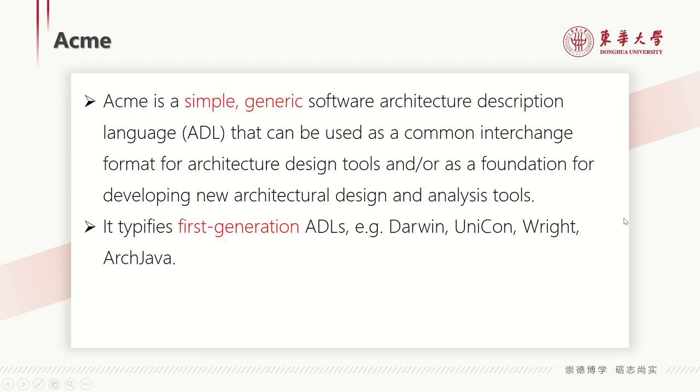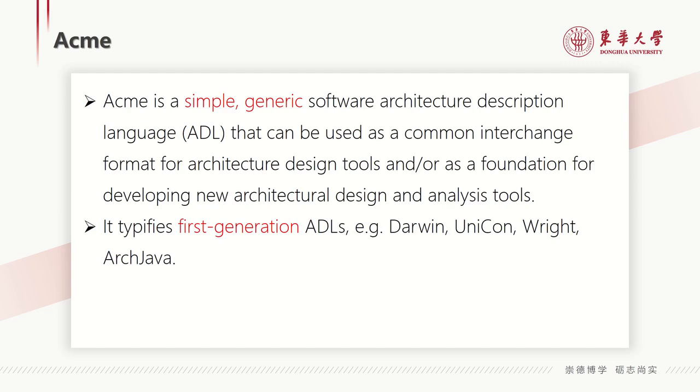First is Acme. Acme is a classic ADL, kind of old. It started in the middle 1990s. Acme is a simple, generic software architecture description language that can be used as a common interchange format for architecture design tools, and or as a foundation for developing new architecture design and analysis tools.